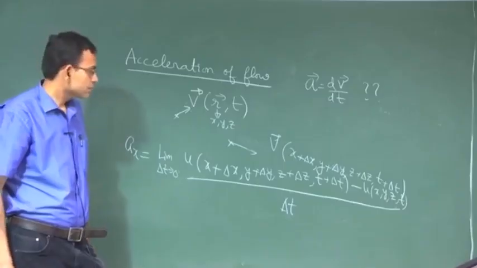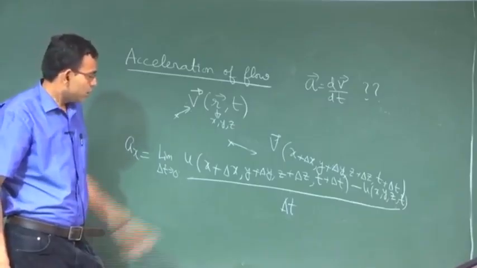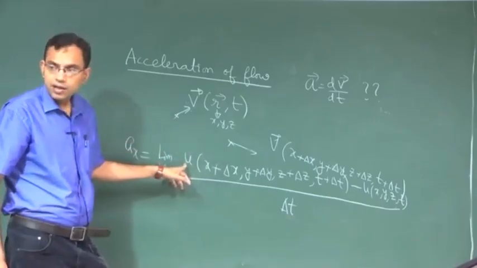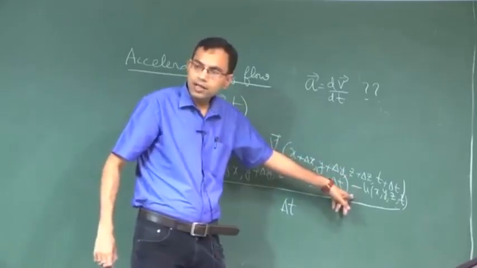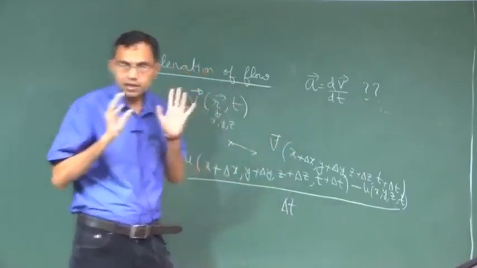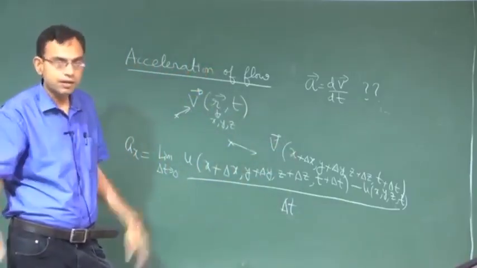In a functional form we do not write v plus delta v, we just write v as a function of x, y, z and t. So, new x component of velocity of the particle minus old x component of velocity of the particle divided by delta t. The basic definition of acceleration, time rate of change of velocity of a particle.